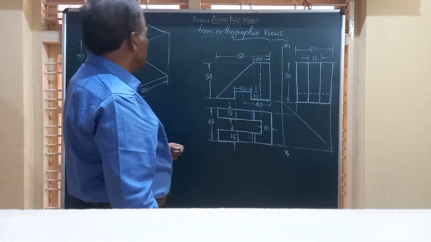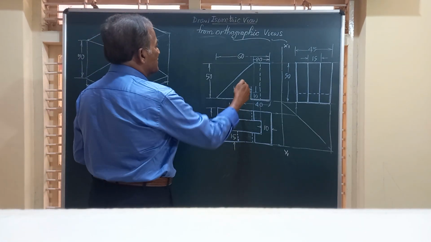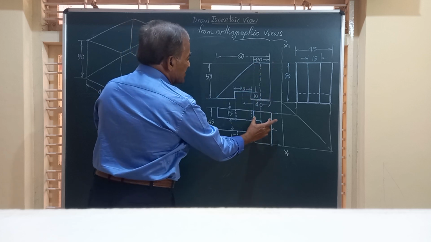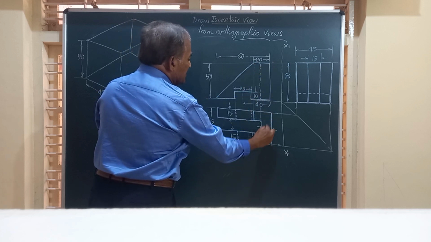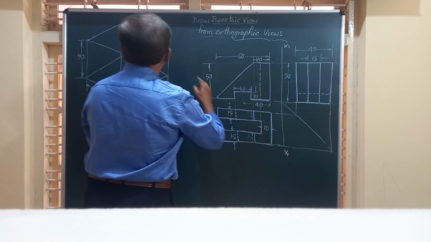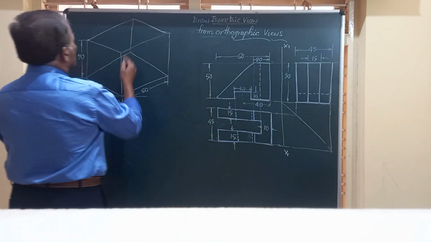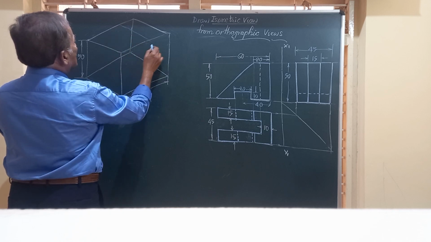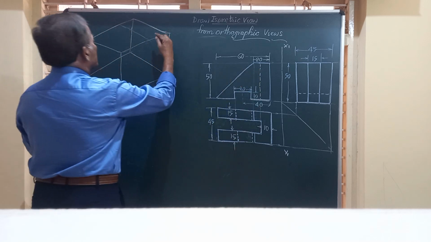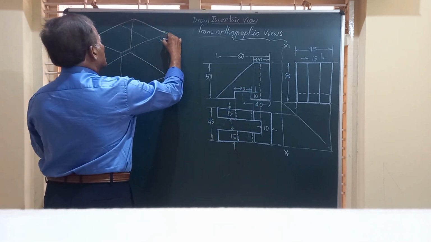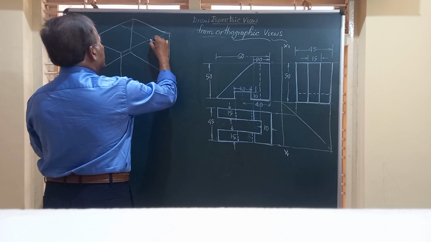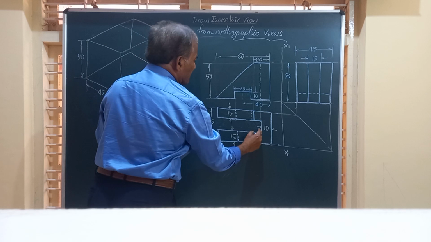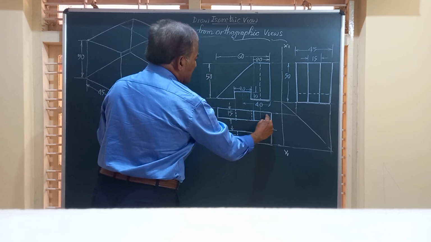Friends, if you are looking in this direction, that is the front view. If you observe the front view, there is a C-type cut here. Where is that? On the top, you are going to have a line here, and this line is at a distance of 20 millimeter from this end, and exactly in the center of that you have a C-type cutting.